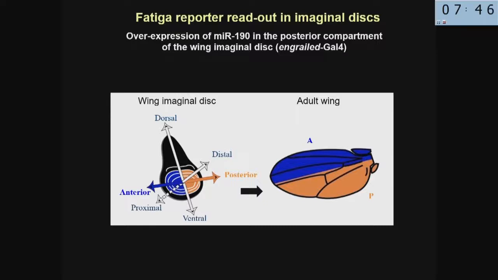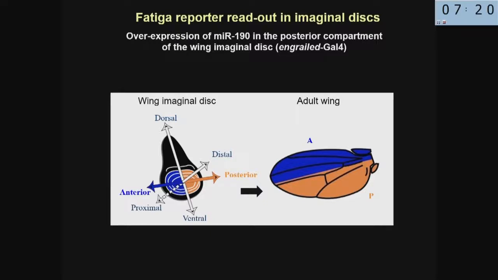And in Drosophila, we have the possibility to express genes in given regions of an imaginal disc, and we did so. We expressed miR-190 only in the posterior compartment of the imaginal disc, that is the one that will give rise to the posterior part of the adult wing.